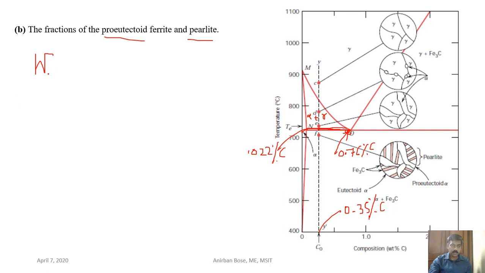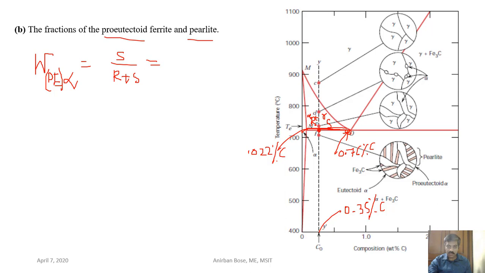So from here we can easily find out the pro-eutectoid ferrite. So pro-eutectoid ferrite fraction will be what? If you consider this is the point, say this is R and this is S. To find out the pro-eutectoid ferrite, we have to take the opposite term, that means S by R plus S. So what is S?